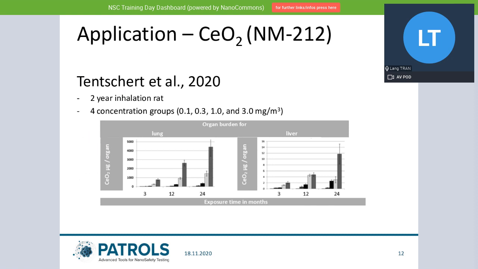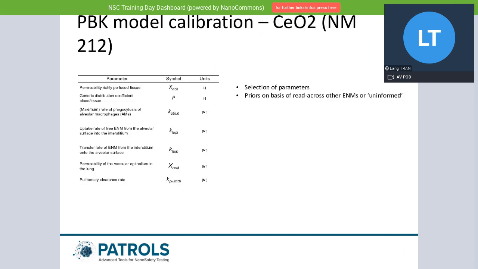And so we use data, as I've said, you have data from 2-year inhalation experiment with rat for different concentration groups, you know. And these data are definitely used for estimating the model, and to try to estimate the parameters of the model is to calibrate the model, as in the model prediction with the data.